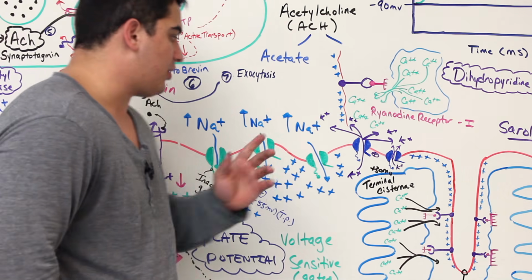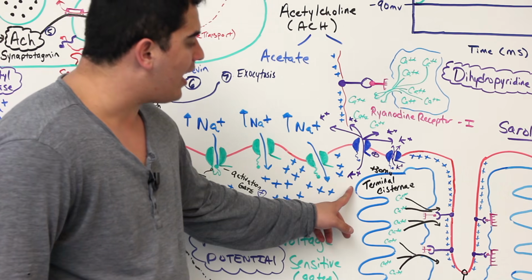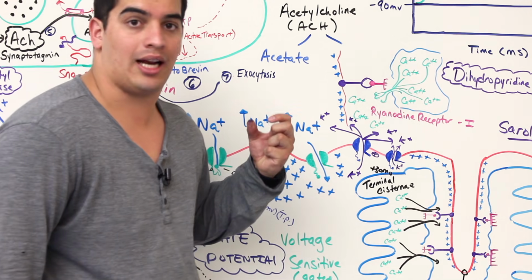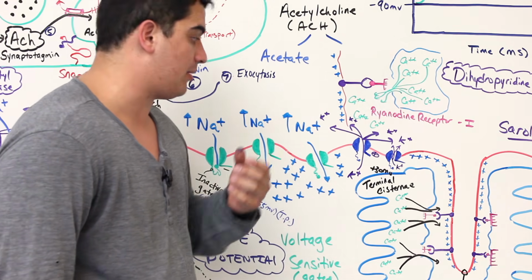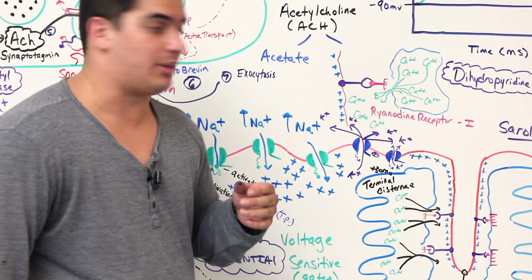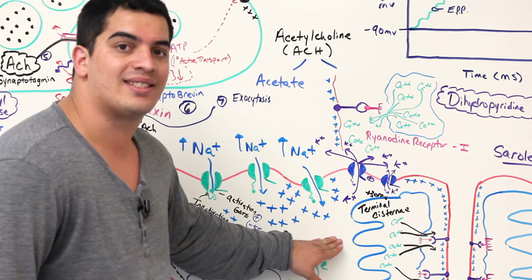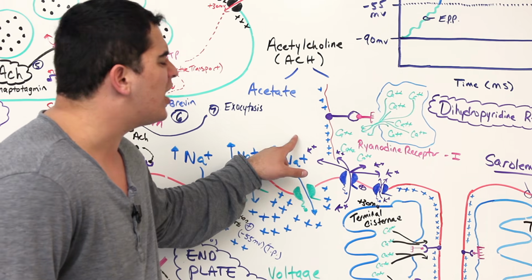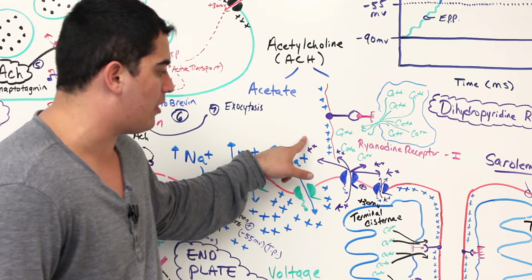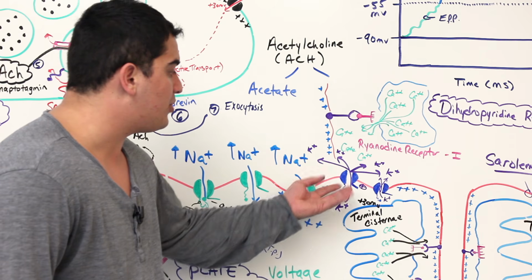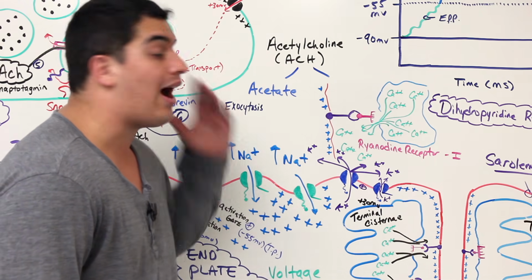Think about this logically. As positive ions are being lost, and I'm not talking about just a little bit of potassium going out. I'm talking a beastly amount of potassium is going out. Because potassium is in such high concentration inside of the skeletal muscle cell. It's in such small concentrations outside of the muscle cell that whenever potassium channels open, they start flooding out.